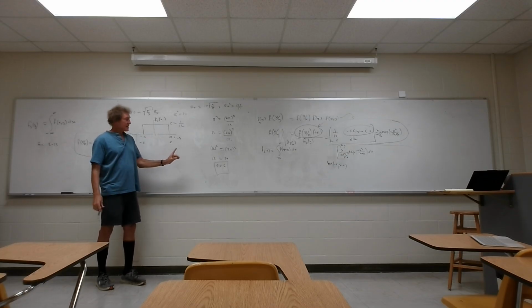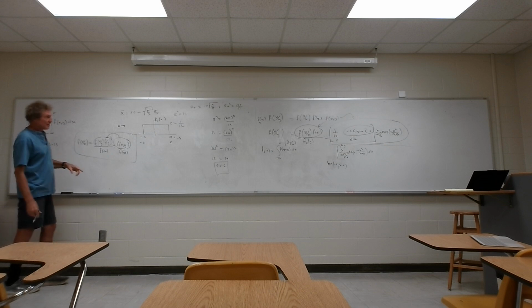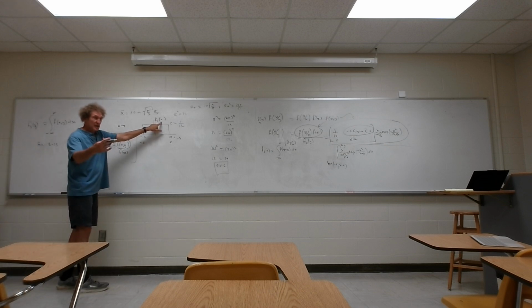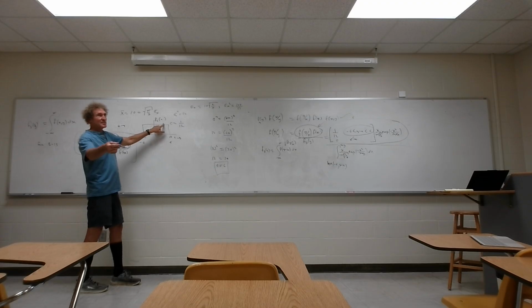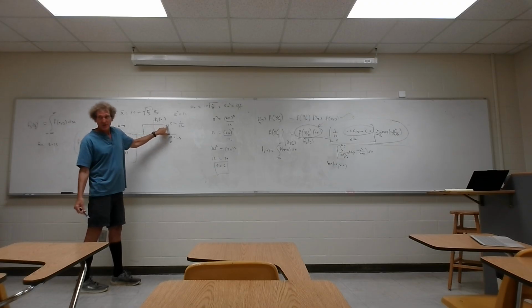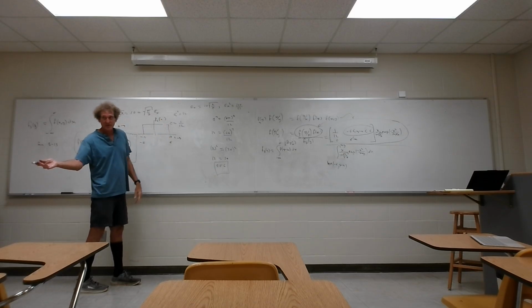I'm not going to spend a whole lot of time on this. Remember, we replaced this argument n right here with y minus x, right? So think about this. We observe a value of 12. What would the best estimate be of x? It's going to be 12 on this one. And it's really because the density function is flat right here. I think he says that, doesn't he? It's going to be 12.